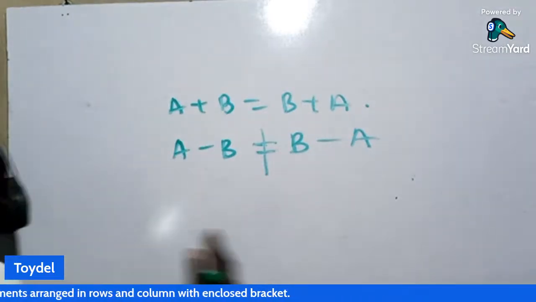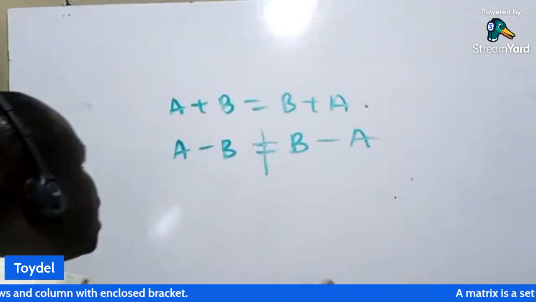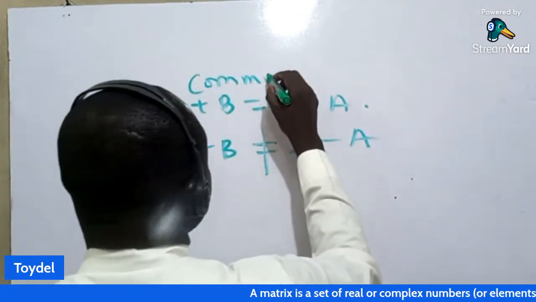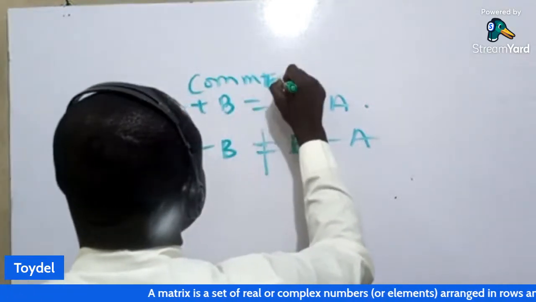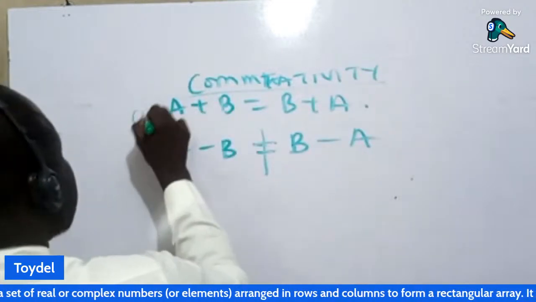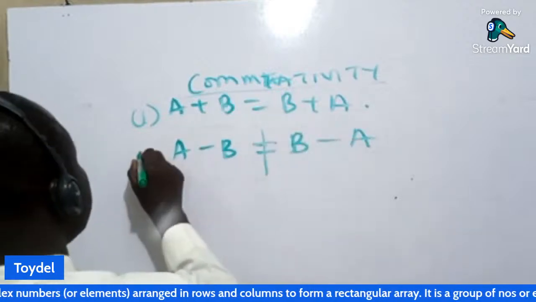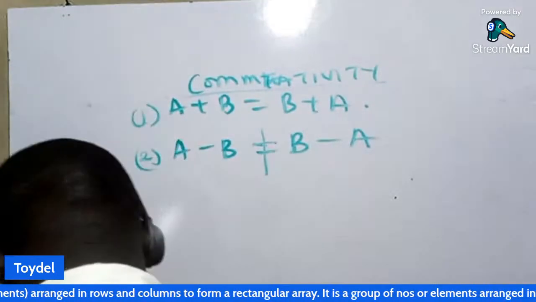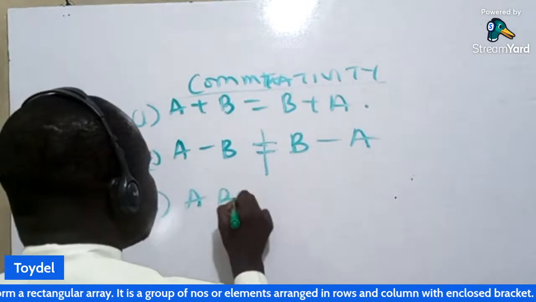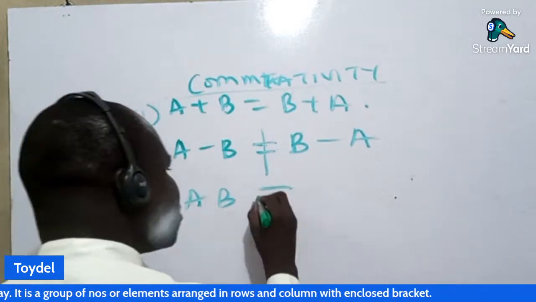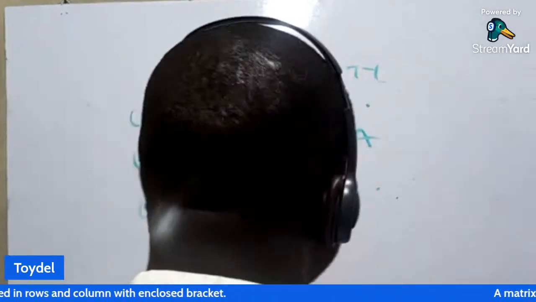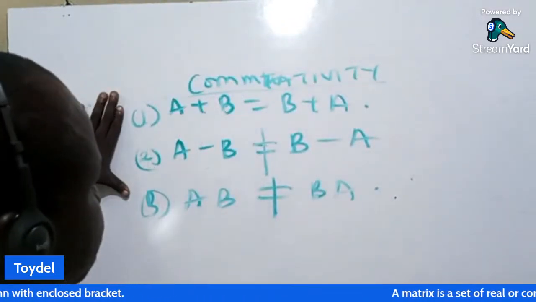When we look at matrix operations and algebraic laws, I'm trying to make this general statement under commutativity: matrix addition is commutative. Matrix subtraction is not commutative in general. Then under multiplication, AB, when you multiply matrix A by B, is not always equal to BA. So matrix multiplication is not commutative. Please note all this.